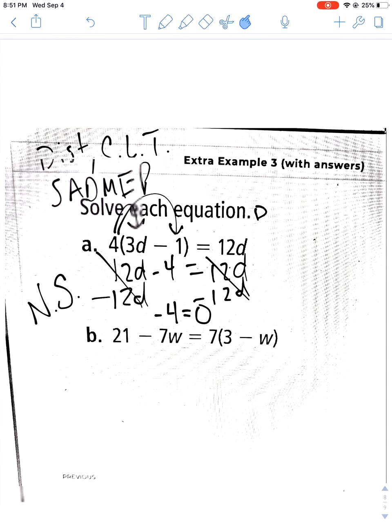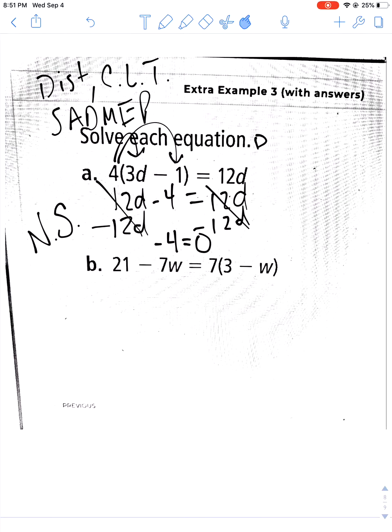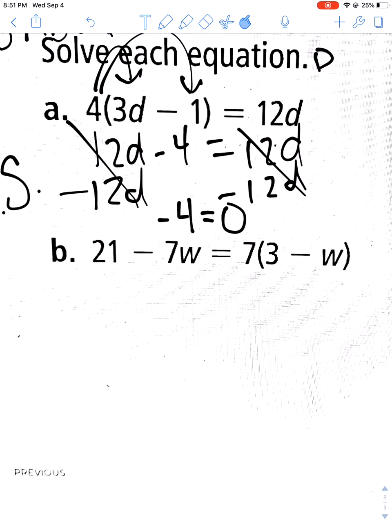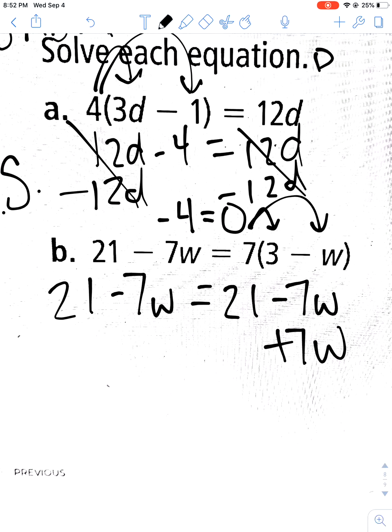All right. The last one we're going to look at for this section. Okay, so again, it's distribute, combine like terms, SADMAP. So I distribute. 7 times 3 is 21. 7 times negative w is negative 7w. So again, I want to move my like terms.